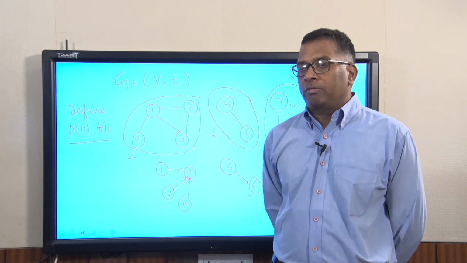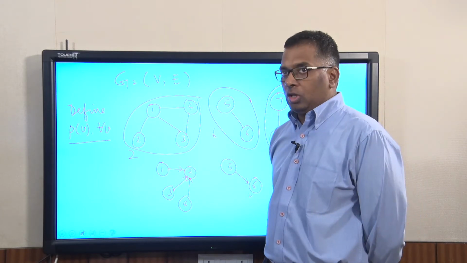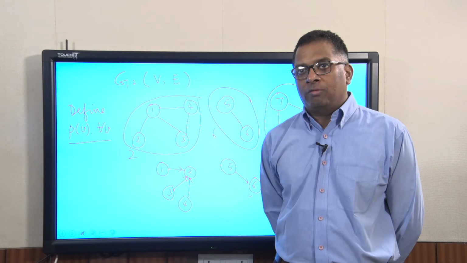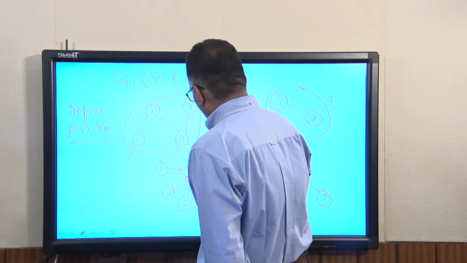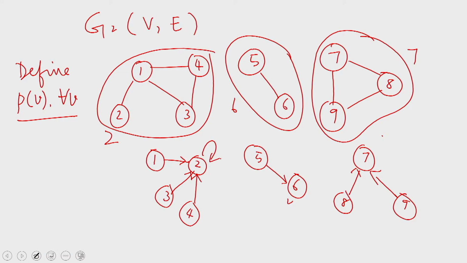Every vertex ought to have a parent pointer. Every vertex belonging to the same component should have the same parent, and the parent of a component can point to itself. Therefore, every component essentially reduces to one single star graph. So, the goal is to find a star graph for every single component in the graph.